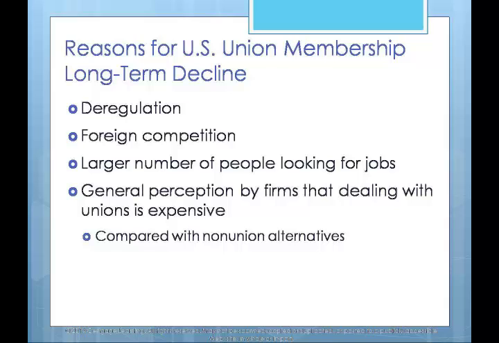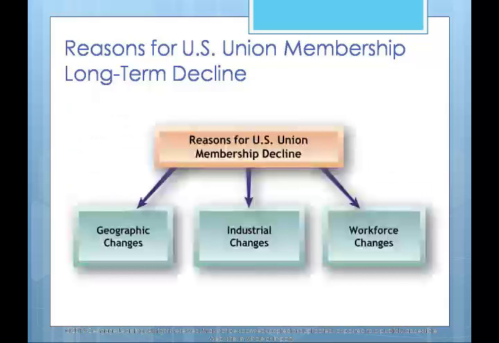And I think our employees realize that more and more. So again, we've talked about the geographic changes, industrial changes, workforce changes. Those are the three areas for the reason why U.S. membership has declined.